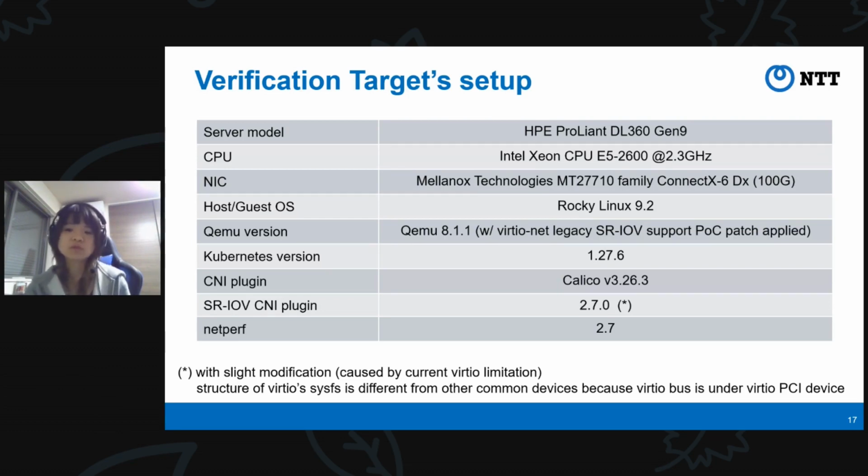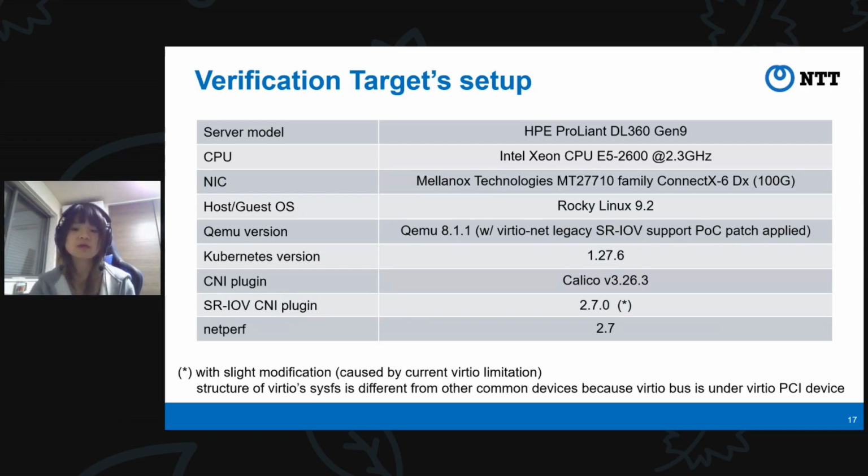Kubernetes version was 1.27.6, and the CNI plugin we used was Calico version 3.26.3.